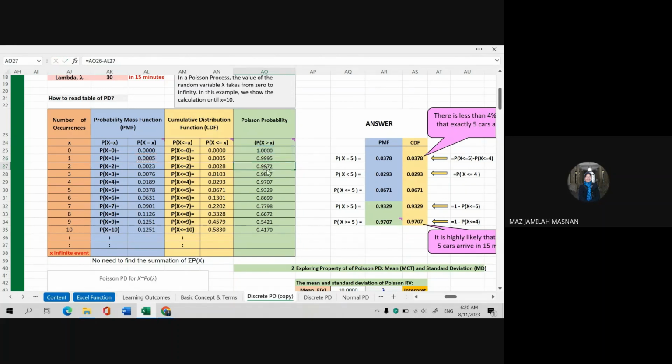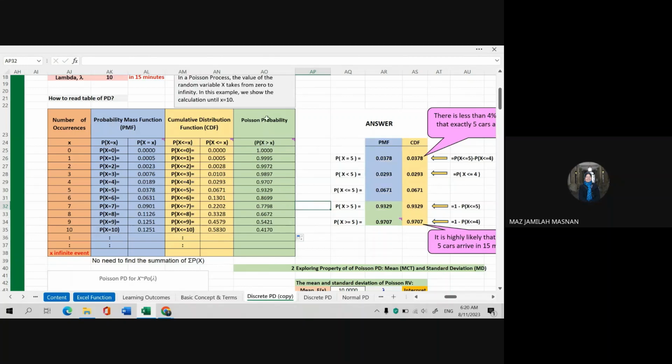So you will get the second one. So you can just drag down, because we are doing the same process again and again. You just drag down until the 10th number. Okay, so that's how you can generate the third column for P(X greater than x).